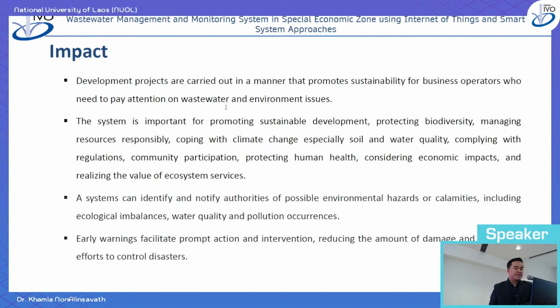On the other hand, we also have sustainable development that protects biodiversity around the water sources that come from the factories or industry around the economic zone. And then we also have an early warning system that helps the user or the business owner take action for environmental protection.